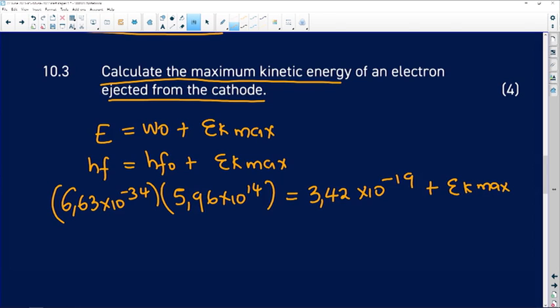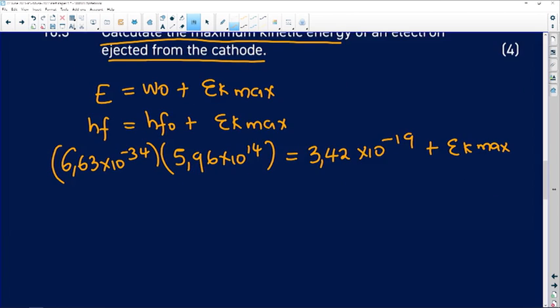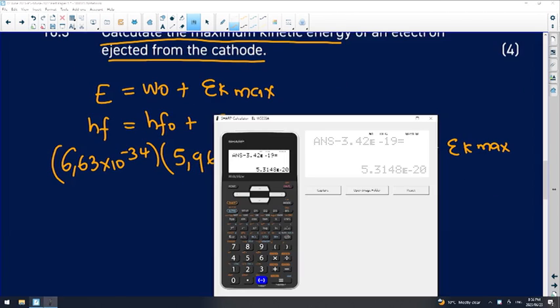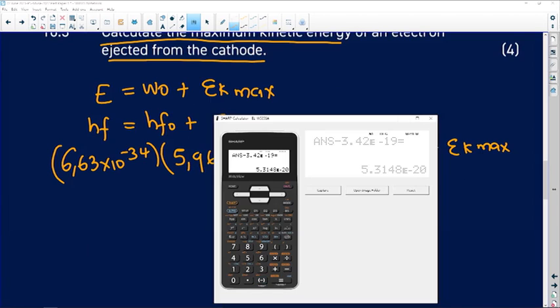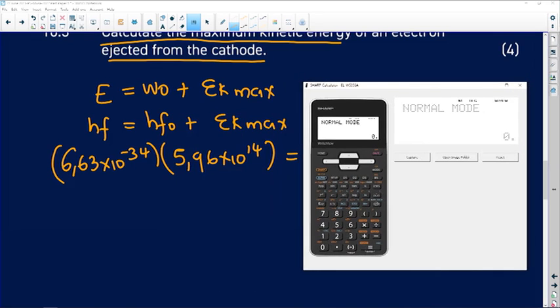Okay, so if we have this, what are we going to do then? From here we just go to our calculator and see what we have. So we have to punch what we have on the left hand side. We have 6,63 and then exponent minus 34.